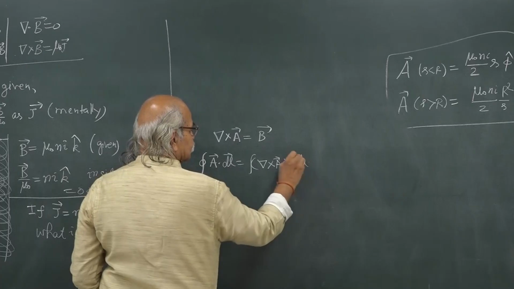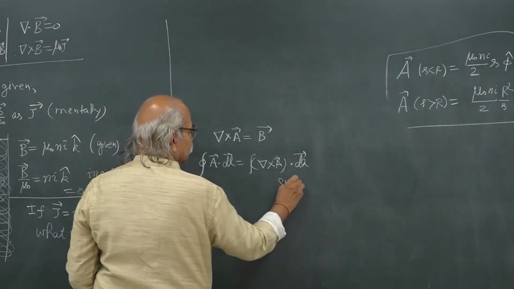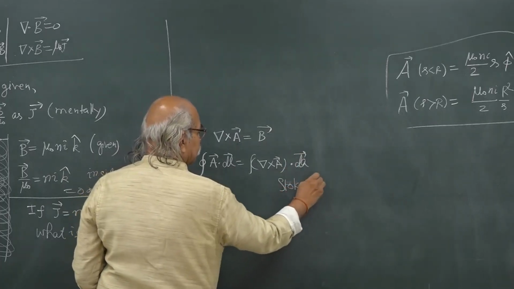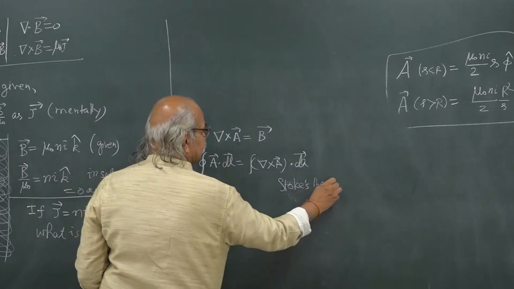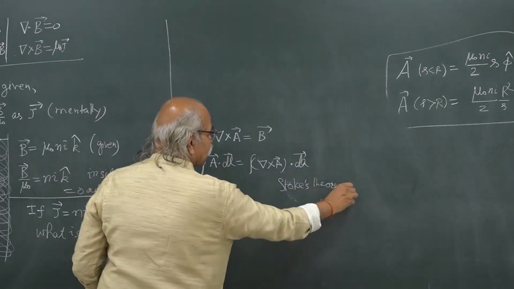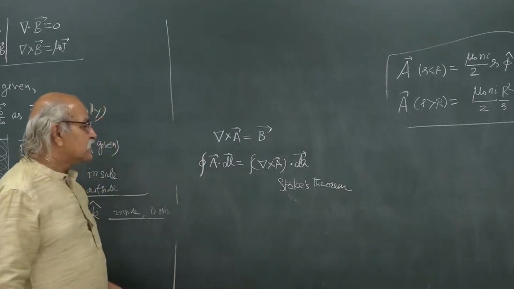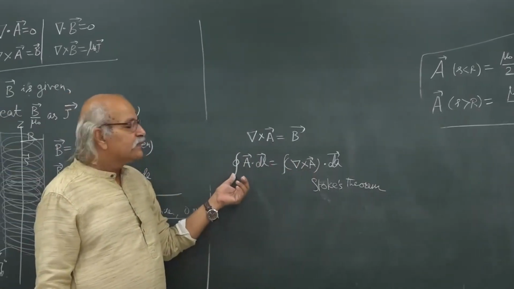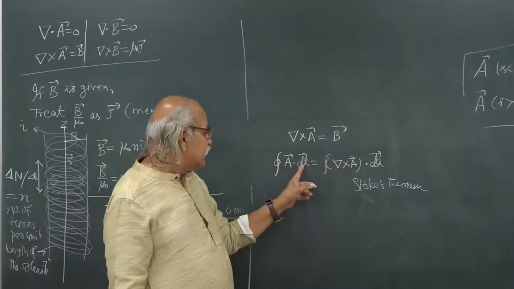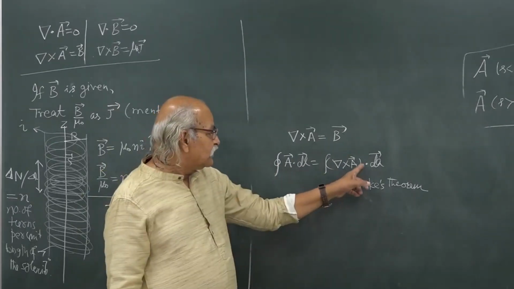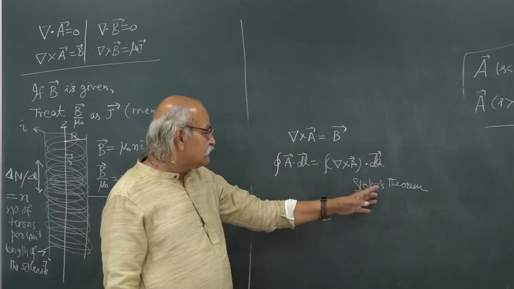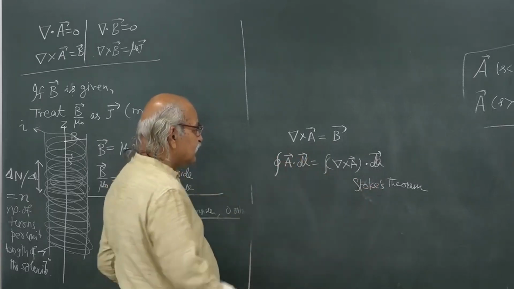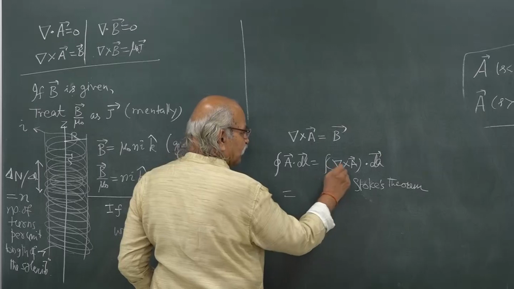Remember this, this is our Stokes theorem, valid for any vector field, no physics involved, just mathematics. It is the definition of all these quantities, curl and line integral, closed loops. A dot dl is equal to curl of A dot dA, Stokes theorem, valid for any vector field A, and curl of A is B.